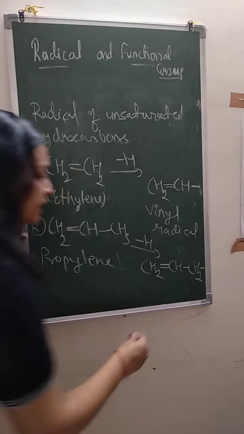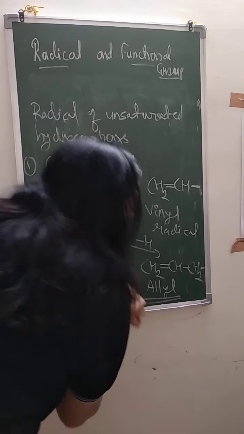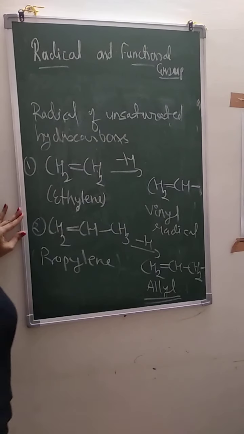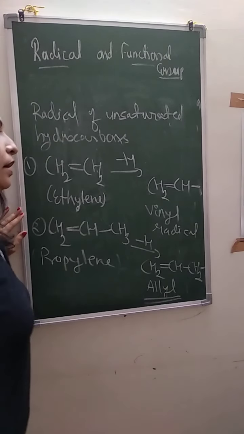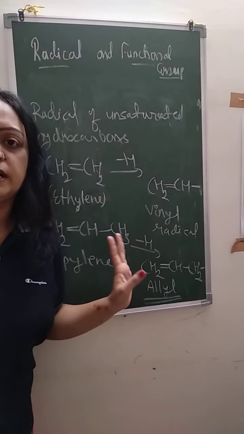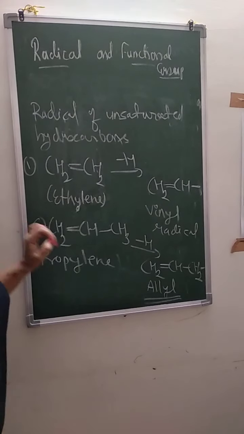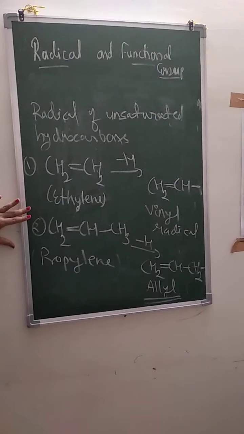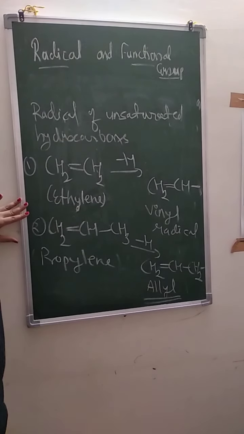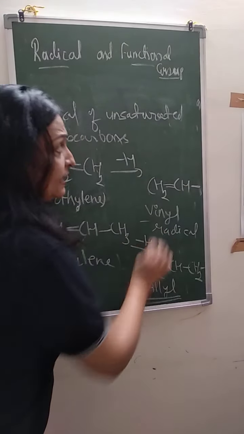And the name of it is allyl. So don't forget these radicals' names and study them very well. And if you want to make notes, then please pause the video and write it down in your copy. So these are the radicals of unsaturated hydrocarbon whose names are vinyl and allyl, like that.